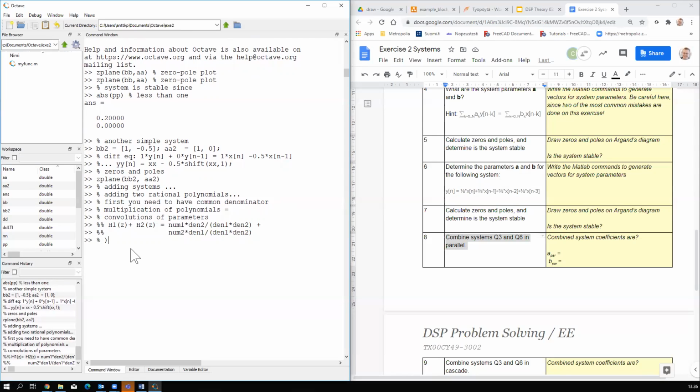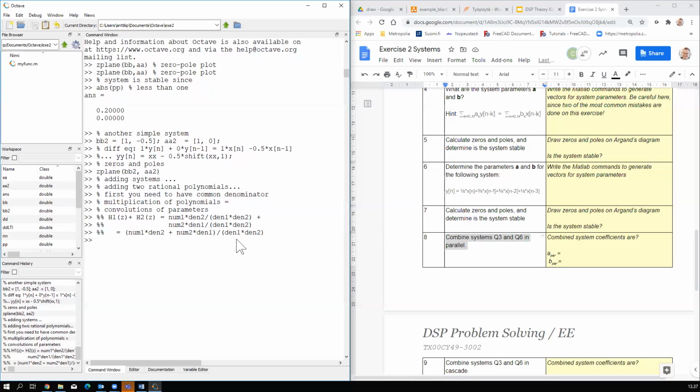So the total system is the same as, let me put this one here again, equals... there. Good.